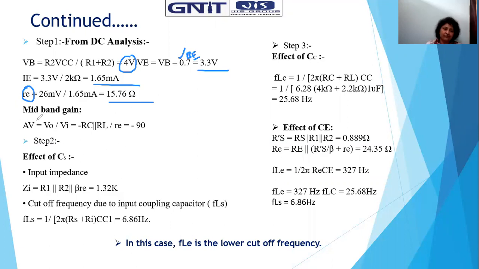Now we have to calculate, suppose, the midband gain. It's very simple, we have already analyzed it in any model. So what we got? AV mid, that will become VO by VI, that is basically minus RC parallel RL divided by re. If you don't have it in mind, you can very simply analyze it, because RC parallel RL is the output impedance, then what will be the drop against that?